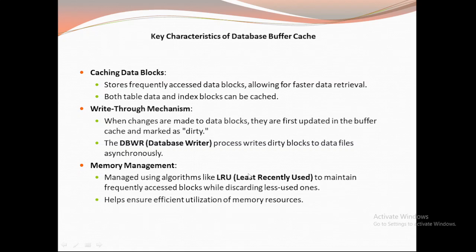It will move out the last 5, from 6 to 10, the least recently used, and fetch the next 5 records, and they will be inside if they are not already part of the cache. If they are already there, they will be accessed from the cache. If they are not, it works as least recently used: the blocks not recently used are moved out and the new ones come in. This helps ensure efficient utilization of memory resources.